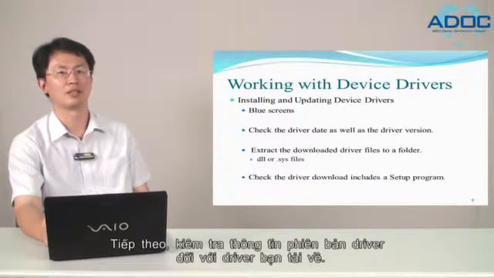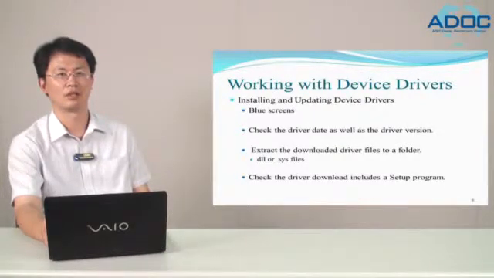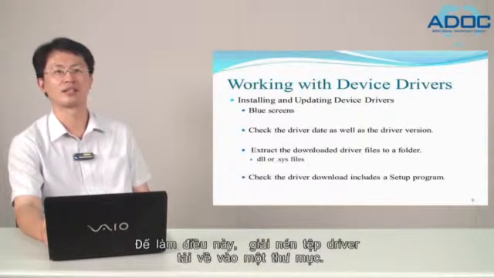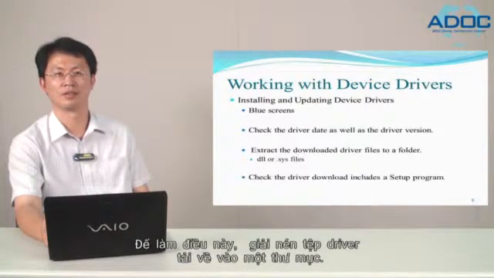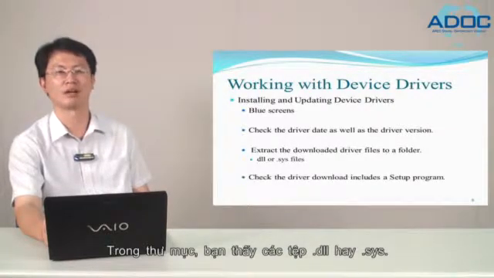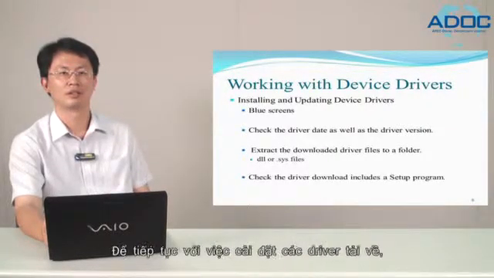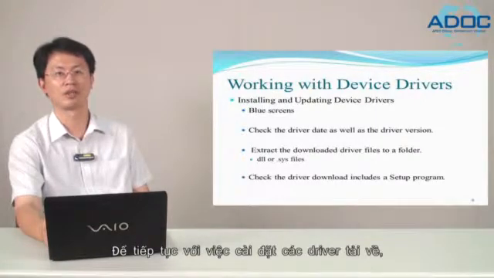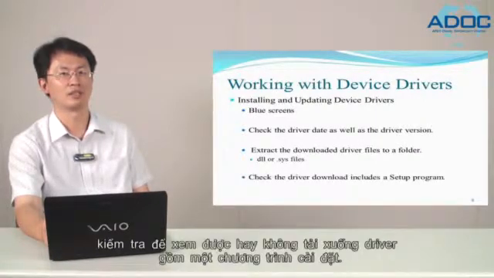Next, check the driver version information for the drivers you downloaded. To do this, extract the downloaded driver files to a folder. In the folder, you should find .dll or .sys files. To continue with the installation of downloaded drivers, check to see whether the driver download includes a setup program.